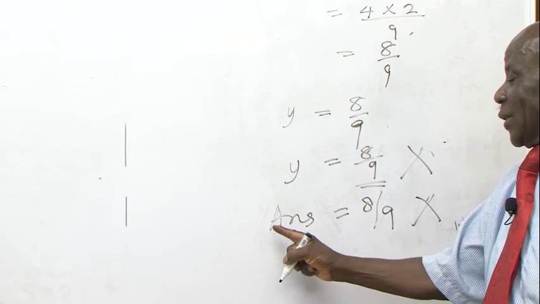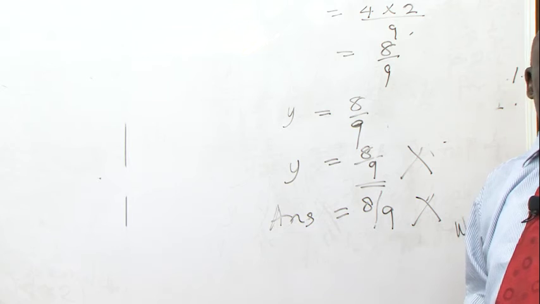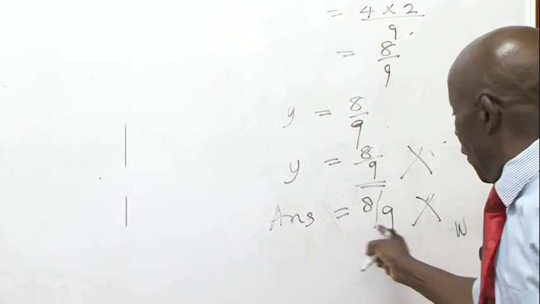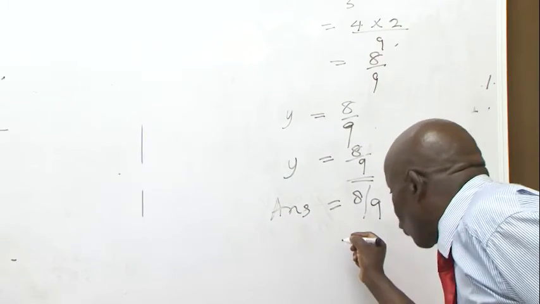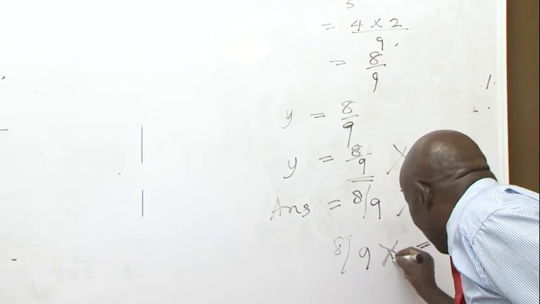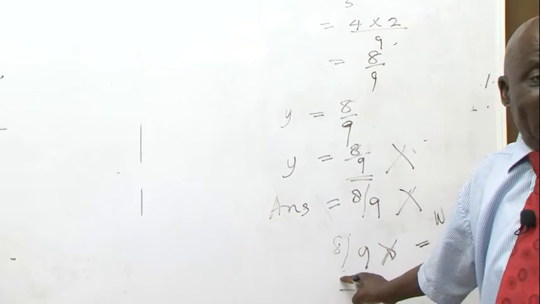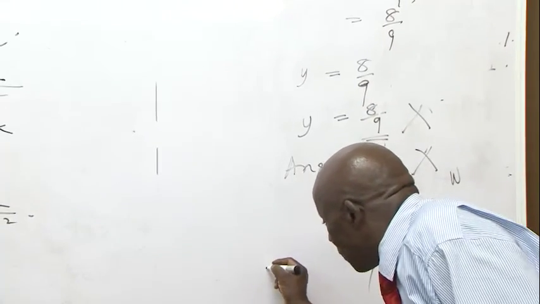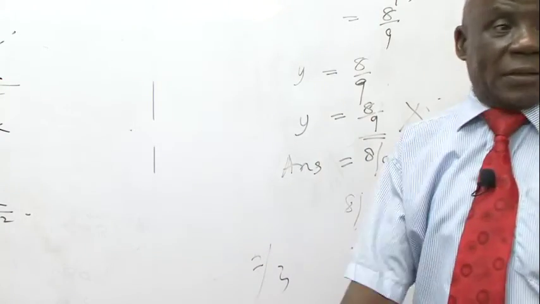In this case, you are telling us a n s equals 8/9. There are two errors here. Probably you don't know. To say ns, that is one error. Another error is to write 8/9 like this. This is still wrong. It's supposed to be 8 all over 9. Please, this one is a computer term. We don't accept it again. You are fond of saying a/b and you write it like 2/3. Nobody will look at it.